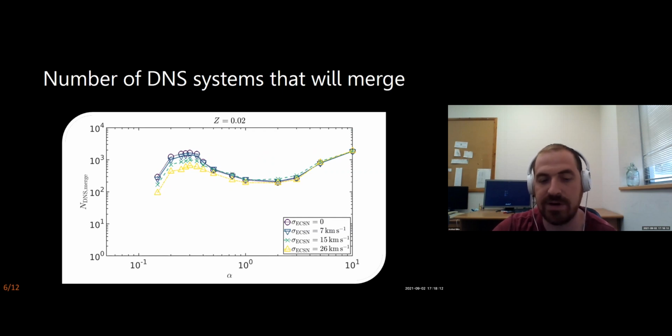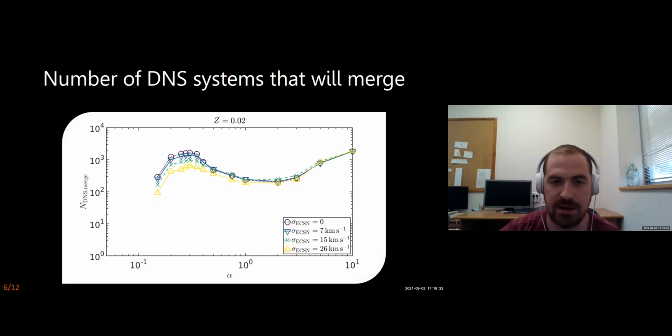So for very low alpha, because the envelope ejection is inefficient, the neutron star needs to plunge further in to release more energy, so we will have envelope ejection. So for low alpha, we have small separations after the common envelope.